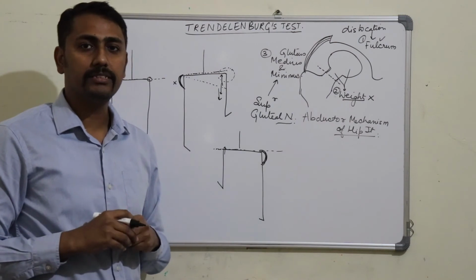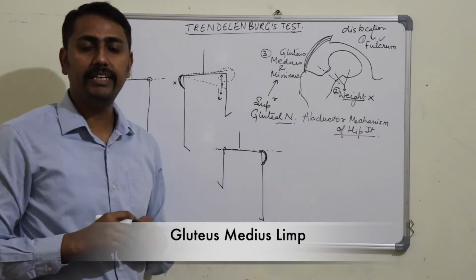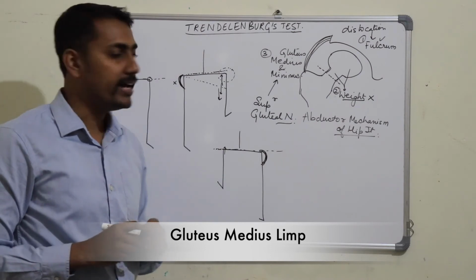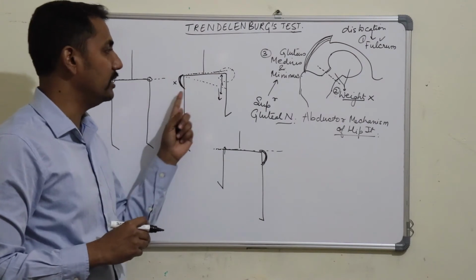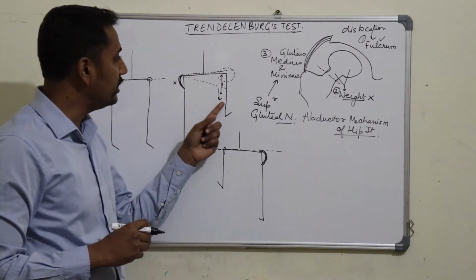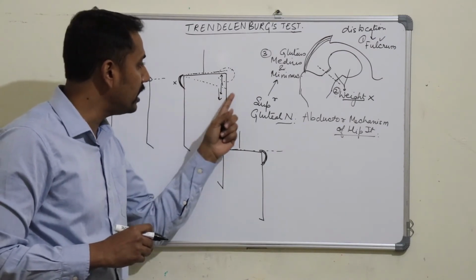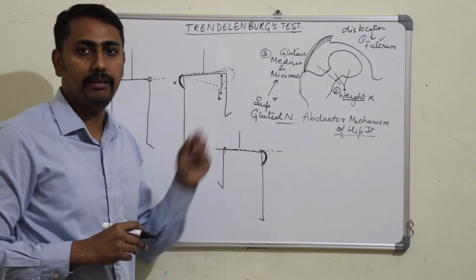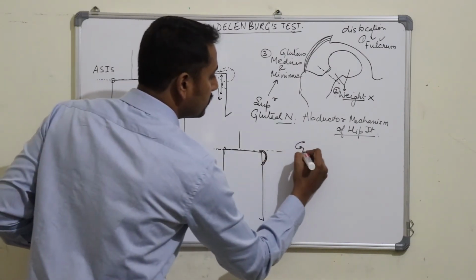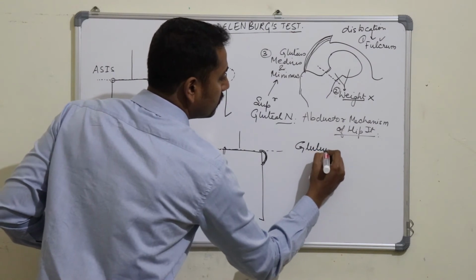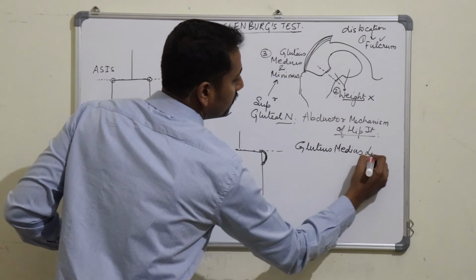Now there are three words that are important in the Trendelenburg test. First is the gluteus medius limp. When there is an injury to the superior gluteal nerve on one side only, the pelvis falls on the unaffected side. Due to the fall of the pelvis on the opposite side, the person limps. That limp is known as gluteus medius limp.